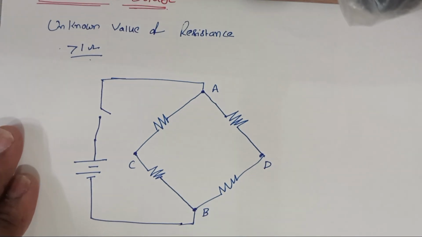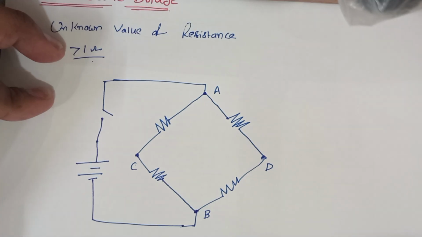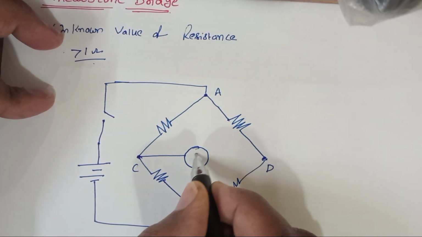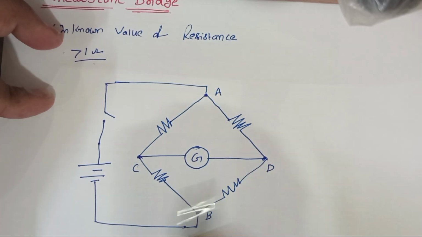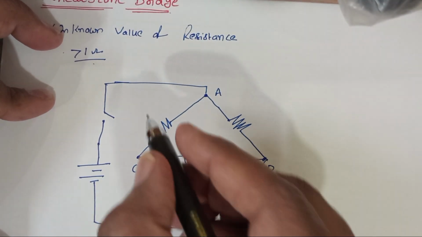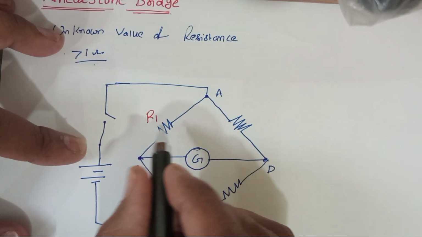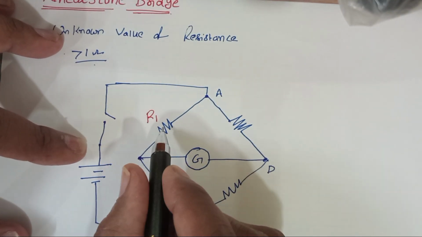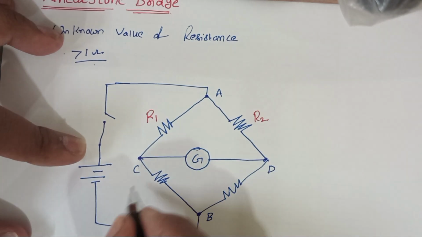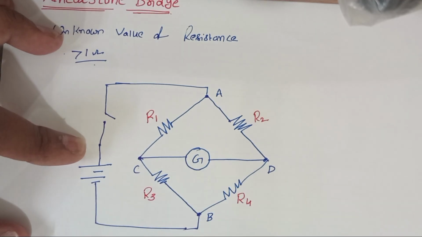And between the terminals C and D, we have one galvanometer G. Now I'm representing the arms: in the first arm we have a resistance R1, the second arm R2, the third arm R3, the fourth arm R4.